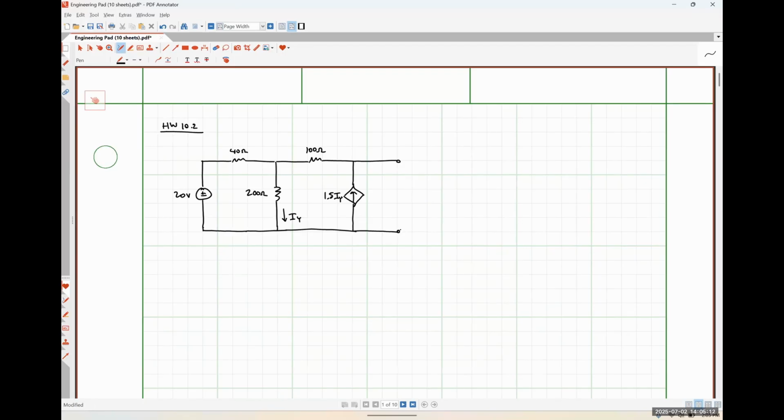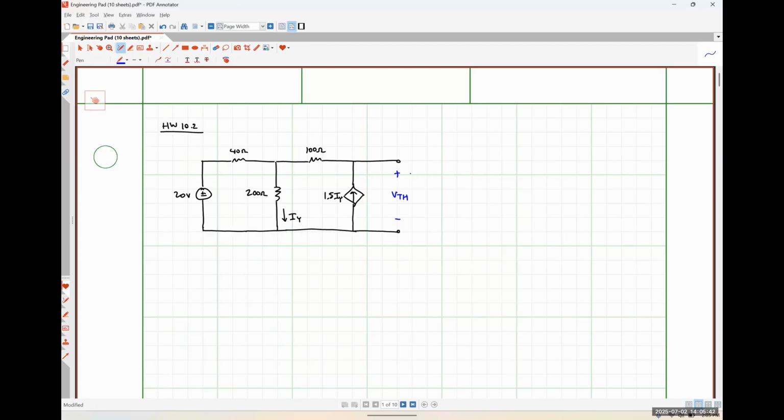So, let's solve for the Thevenin voltage first, okay? The Thevenin voltage is going to be the voltage drop across that open circuited set of terminals here. And we're told in the problem statement to assume the voltage source has a positive polarity on top, which means we're finding VTH with a positive polarity on top.